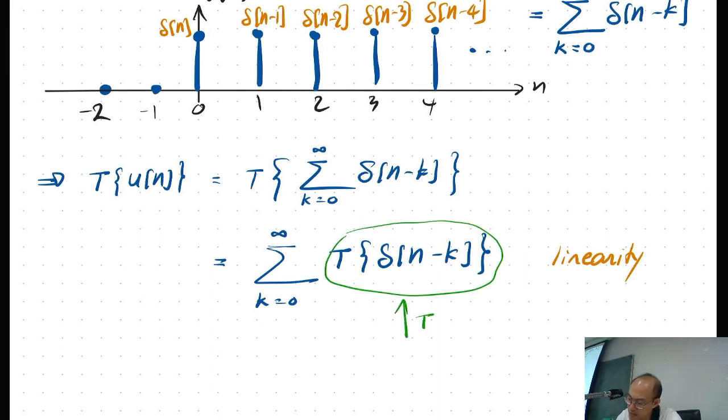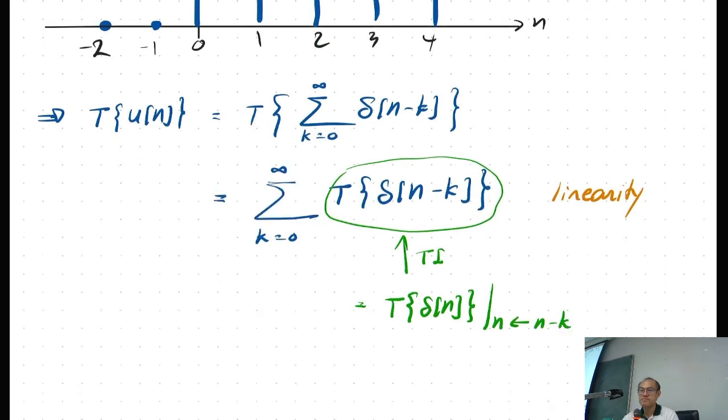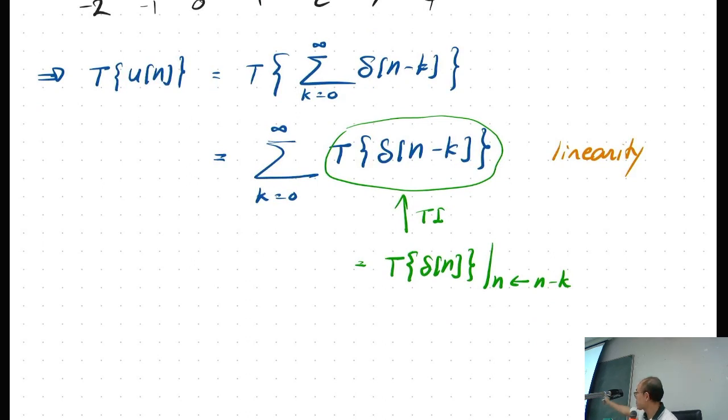From the TI property, this is just equal to T of delta[n], and then you replace n with n minus k.